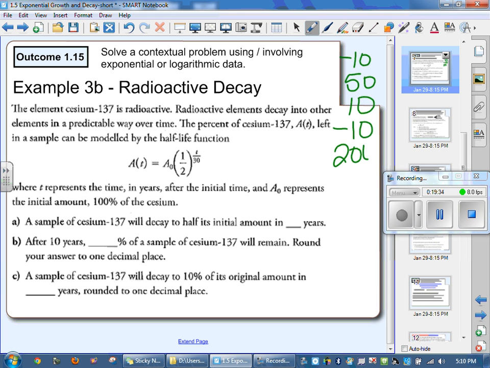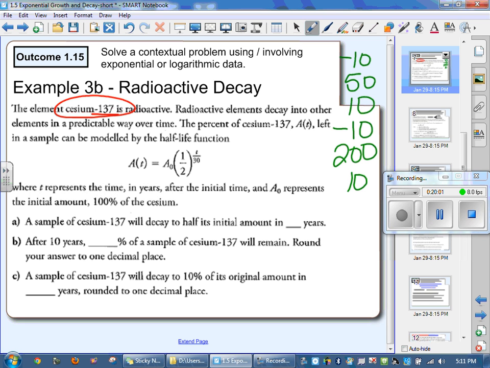It's got cesium-137. Now, a lot of kids are misinformed and they assume that 137 is the amount of cesium that you have. 137 is not the amount. It's part of the name. Cesium-137 is the name of that element. It's a radioactive element. So it's saying that the percent of cesium left can be modeled by this half-life.